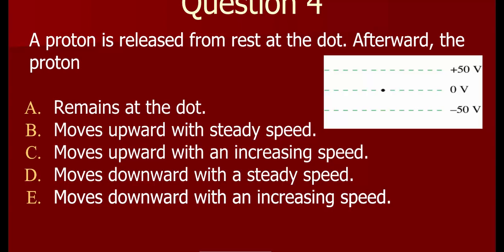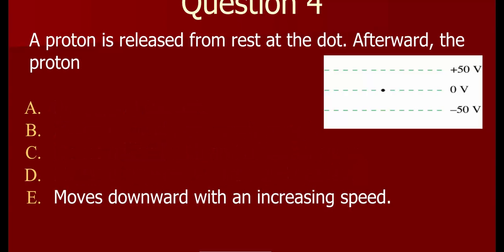The answer is E. You can think of these voltage things as essentially like your height in gravity. It's like, okay, this is at zero, but if there's a hole below it, it's just going to fall down, so it's going to accelerate.